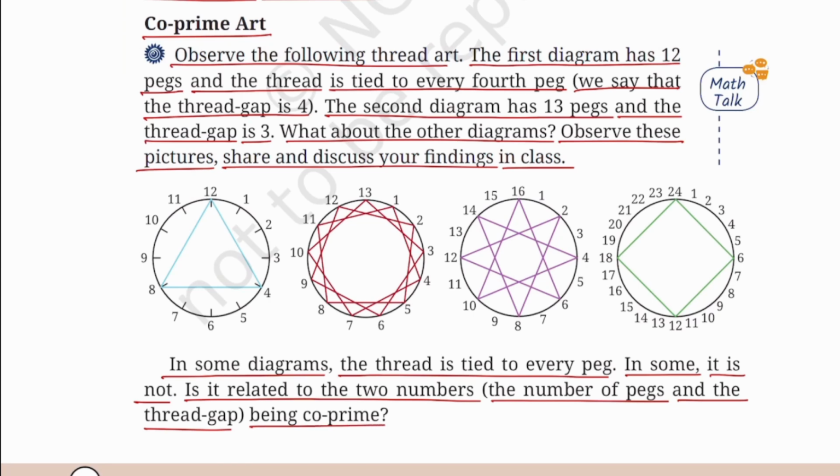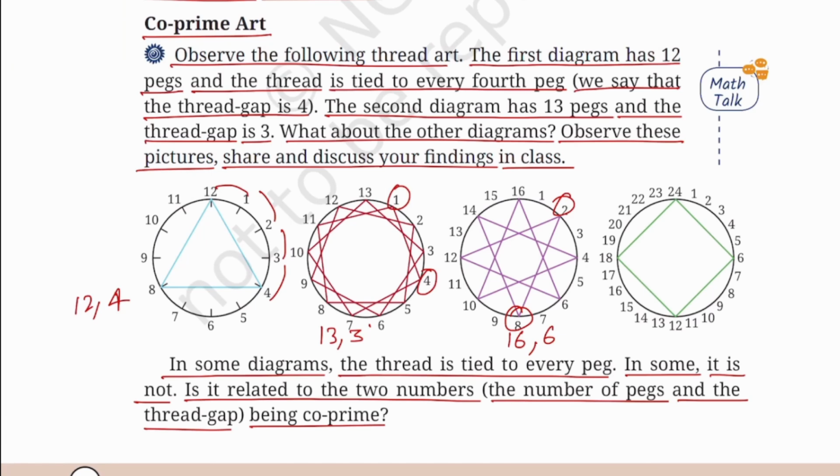In the first picture, you can see there are 12 pegs and the gap is 1, 2, 3 and 4. In the second picture, you can see there are 13 pegs and the gap is 4 minus 1, that is 3. In the third picture, you can see there are 16 pegs and the thread gap is 8 minus 2, that is 6.